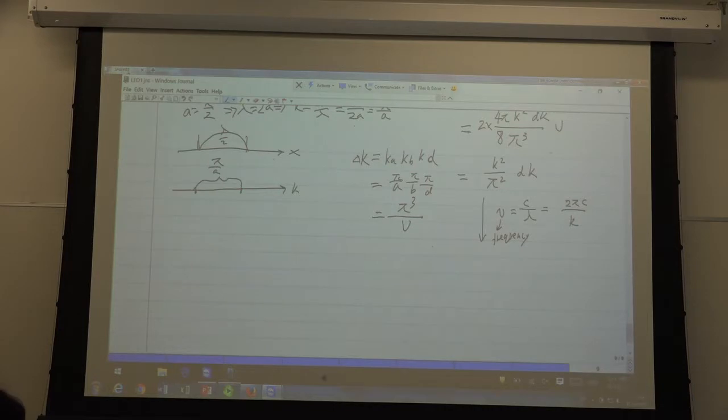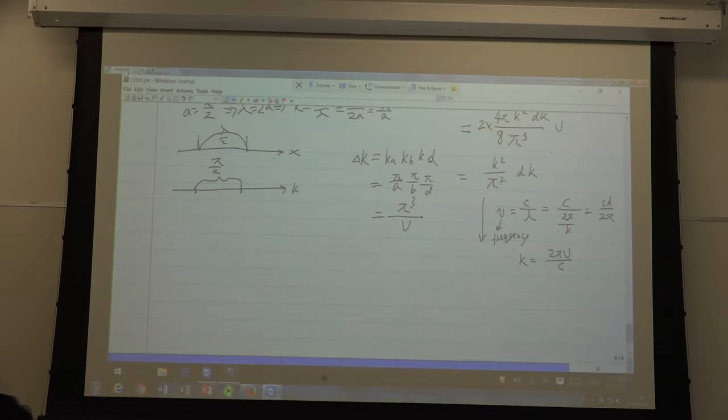So V equals Ck over 2 pi. So k equals 2 pi V over C.